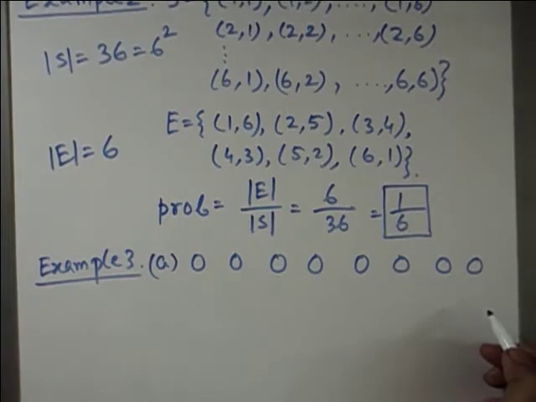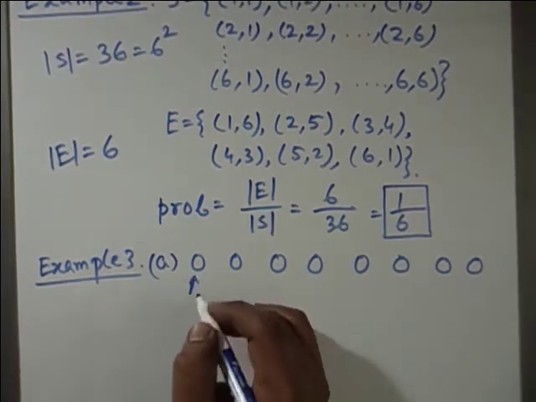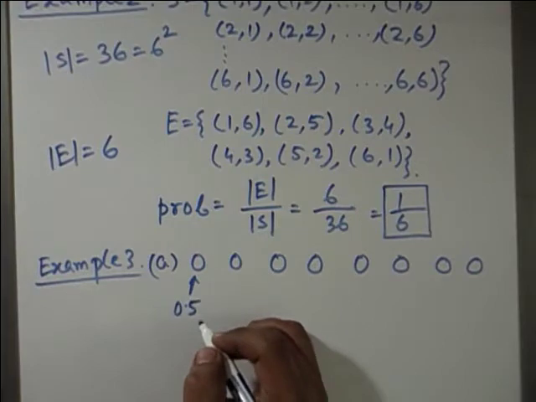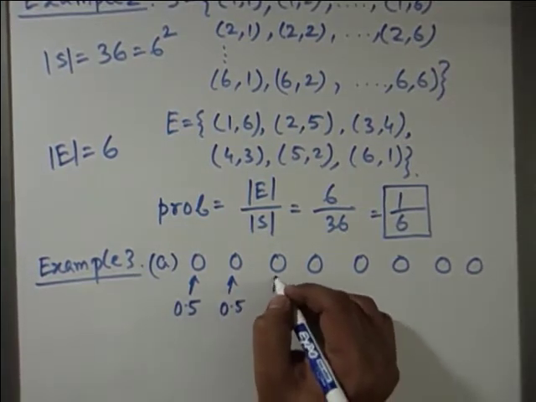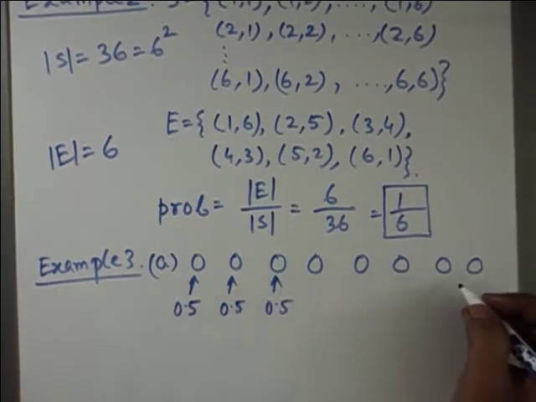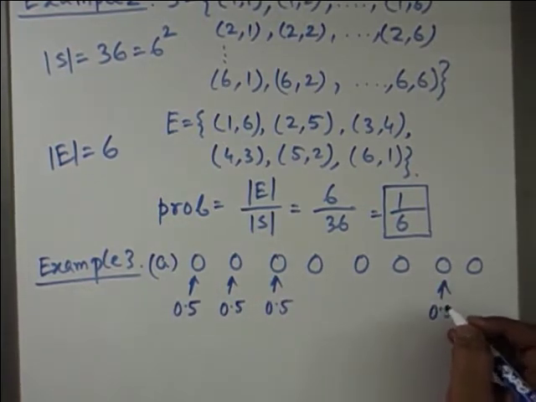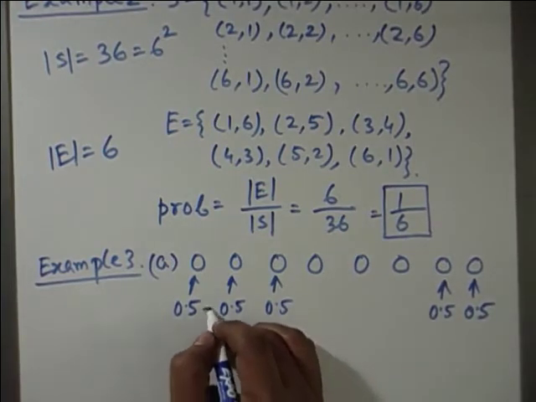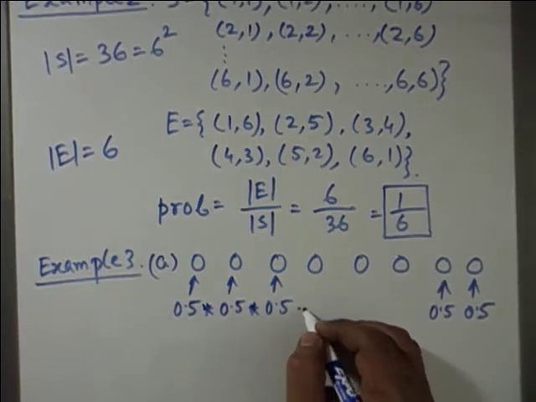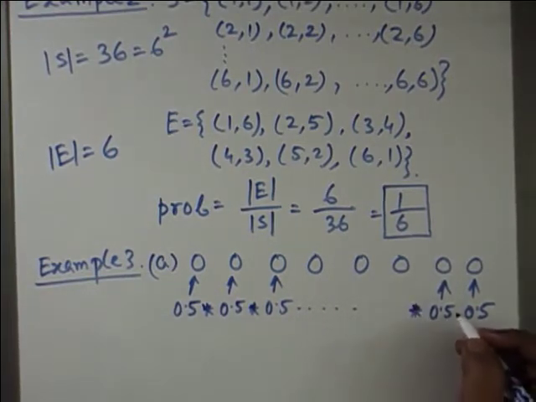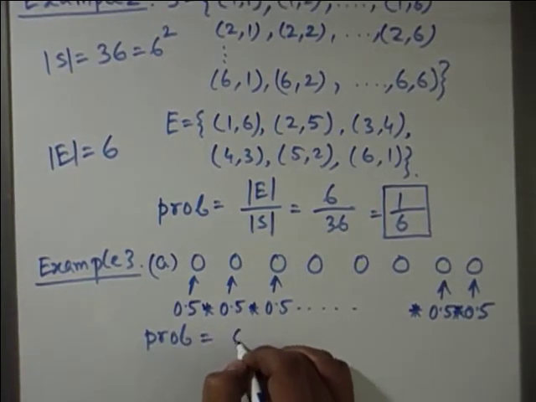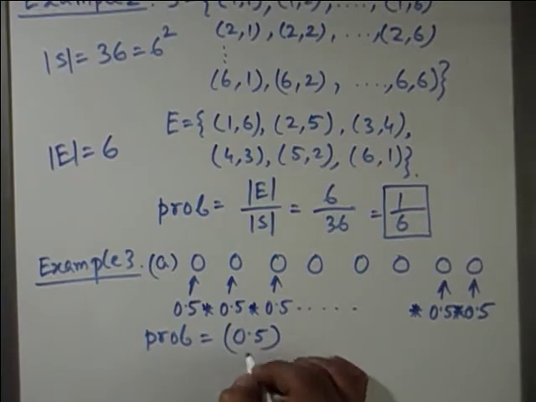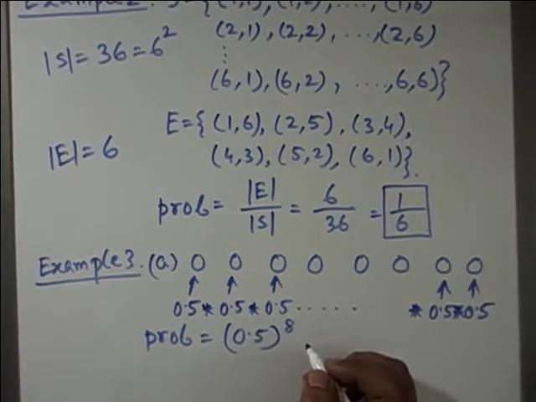The first one, the probability of it being 0 is half, 0.5. The second one is 0.5. The third one is 0.5. All of these are 0.5. So the total probability is 0.5 times 0.5 times and so on. So the answer is 0.5 to the power 8.